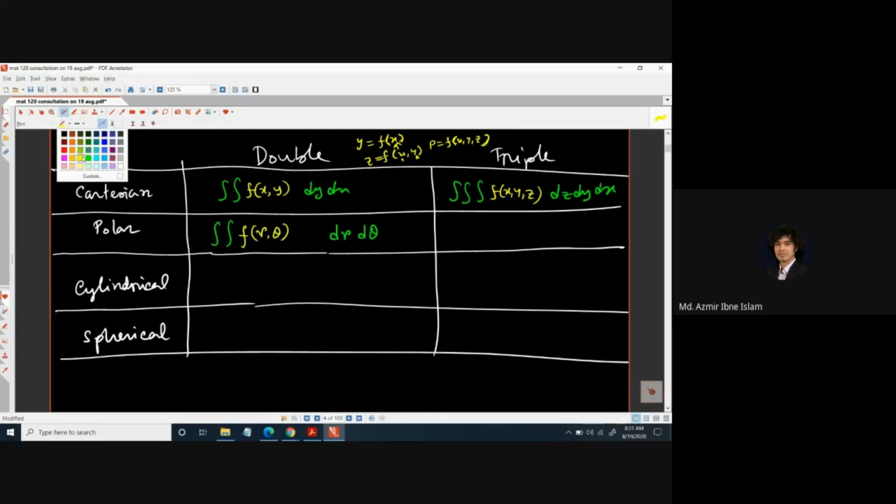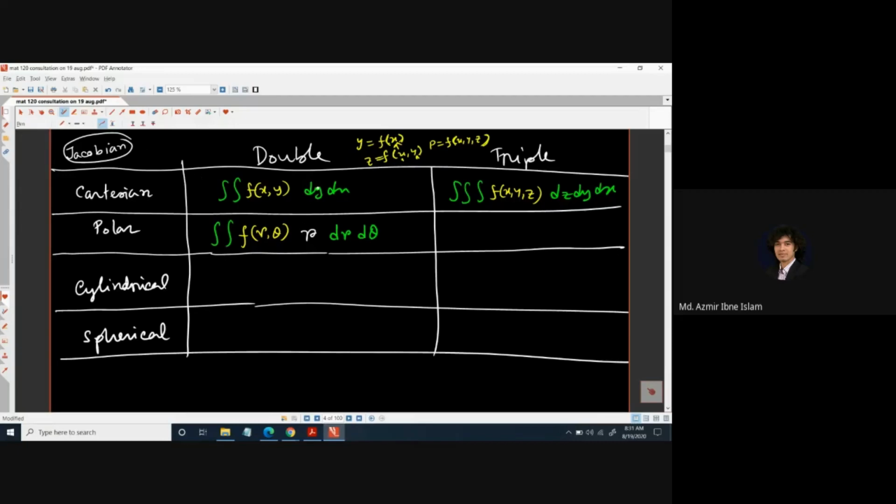Remember, whenever we transfer a double integral from Cartesian coordinate system to polar coordinate system, there will be a term called the Jacobian. I am saying Jacobian. You can go through your BUX videos, you will understand what the Jacobian is.